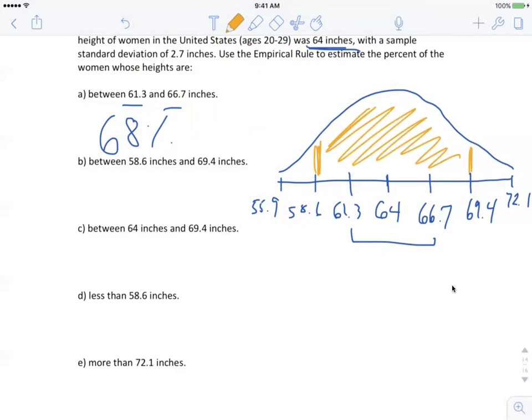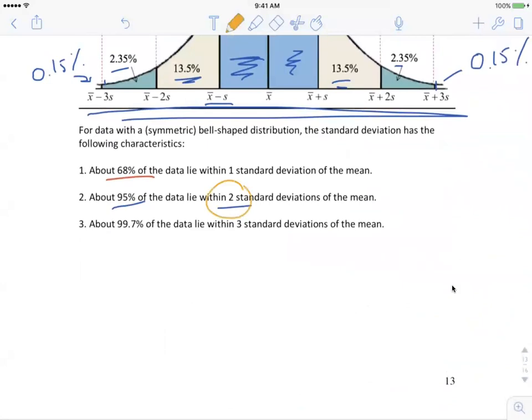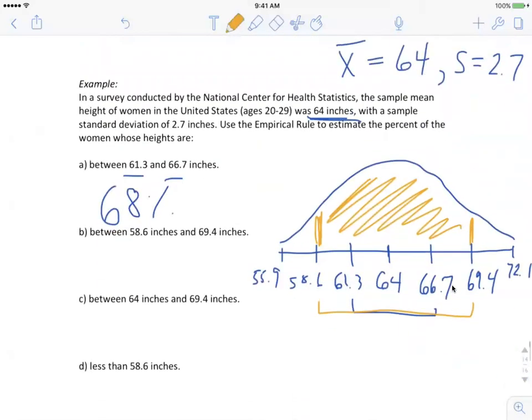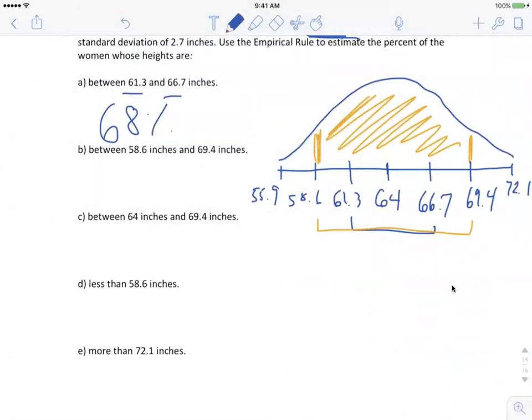Each of those numbers is 2 standard deviations away from the mean, 2 standard deviations below and 2 standard deviations above, 2 intervals of 2.7 in either direction. So if you look back above, that 2 standard deviations rule is 95%. So my answer for B is 95%.